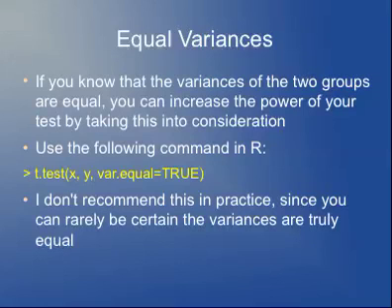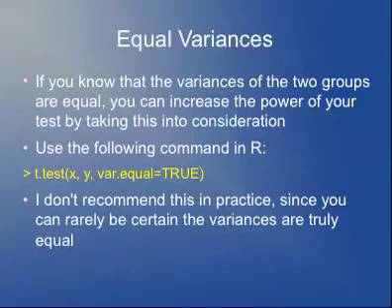And I'll mention in passing that if for some reason you know that the variances of your two groups are equal, you can get slightly better power by telling R that the variances of your groups are equal by adding this parameter to t.test: var.equal equals true.